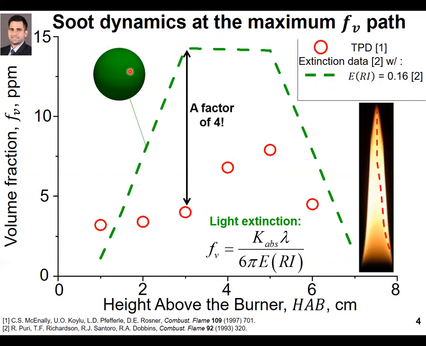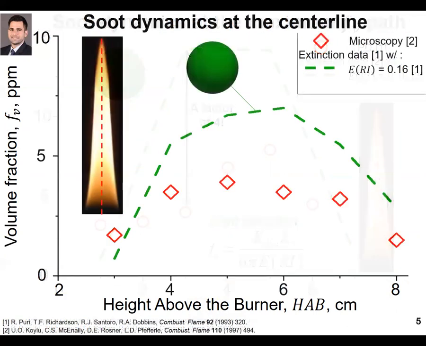And this assumption results in an overestimation of the soot volume fraction by a factor of 4. And this overestimation is on par with the discrepancy between models and data that I showed you in my previous slide.